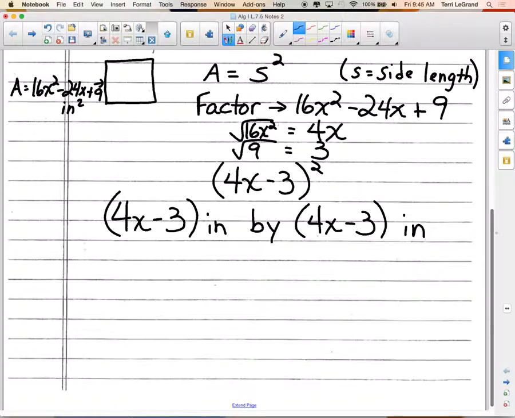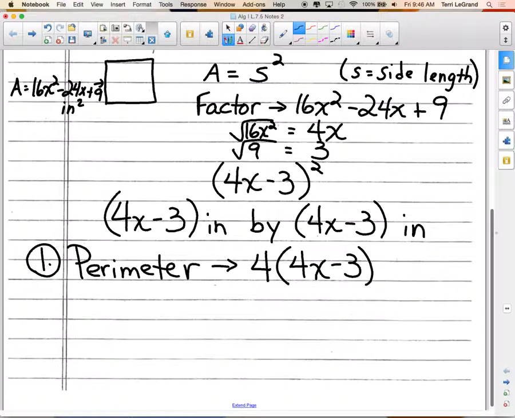Okay, well that's not what they were asking for, the dimensions. They were asking for an expression that would show the perimeter. So for the perimeter, number one's answer, we have 4 sides that are equal, so we would say 4 times 4x minus 3.